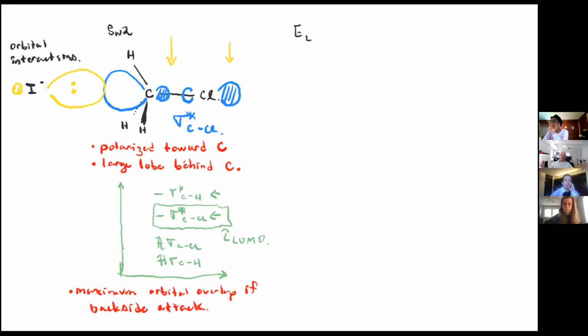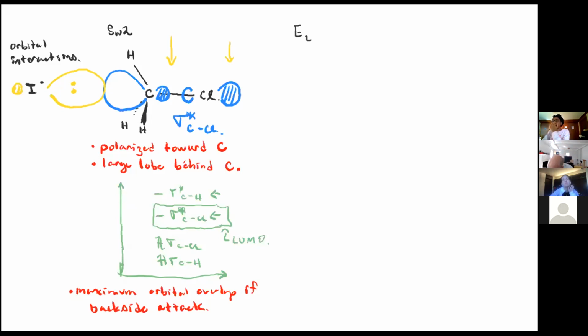One is the extent of orbital overlap, how big the lobes are and how much they overlap. The second is an electrostatic interaction. The bigger my lobe, the more it can overlap with another lobe, the better that is. Just think about it like that.